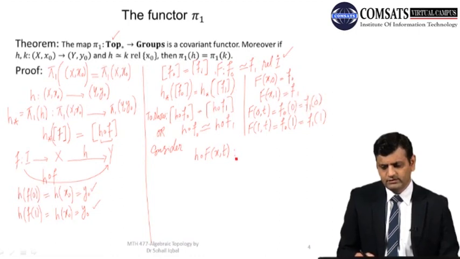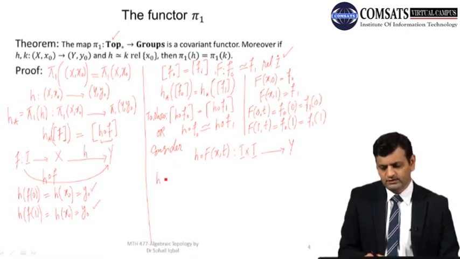So F(x,t) is basically a function from I cross I to X, and now we are also taking the image under H, and H is a function from (X, x0) to (Y, y0). So this is going to be a function from I cross I, because I'll be taking inputs from I cross I, but the output is going to be in Y now.